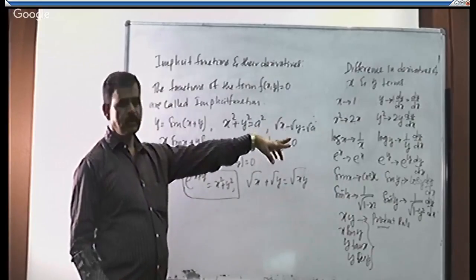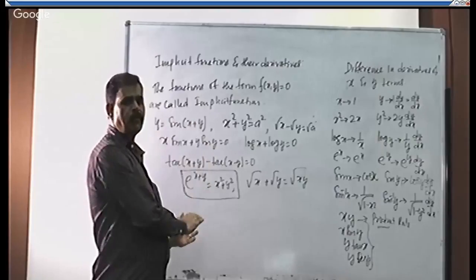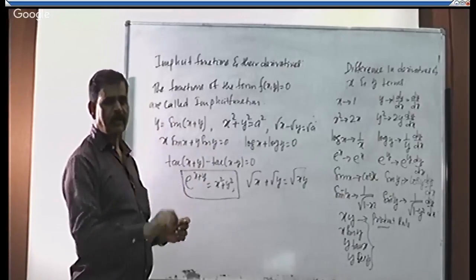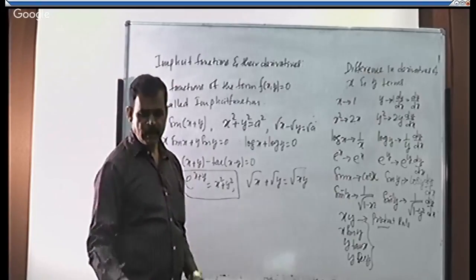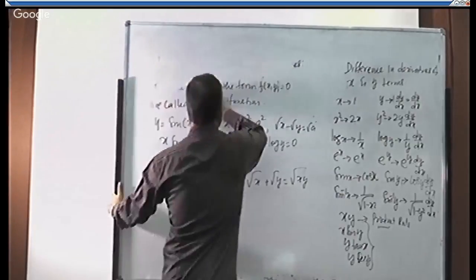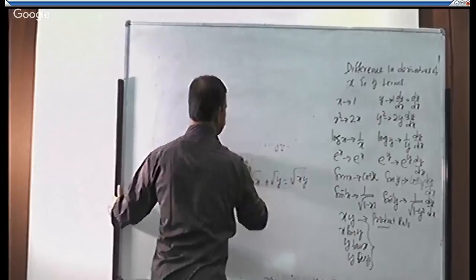After that, separate all dy by dx terms to one side, others to the other side. Take dy by dx and finally you write it for dy by dx. That is the procedure of getting dy by dx in implicit function.